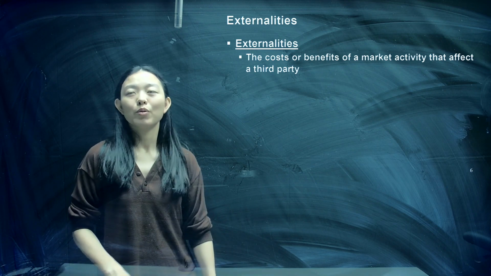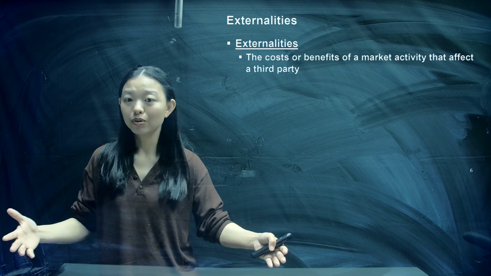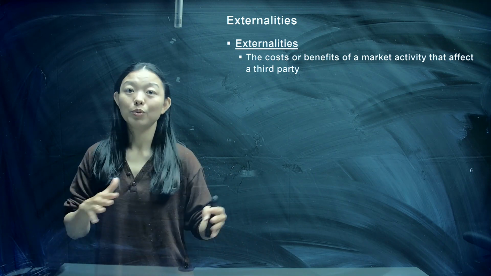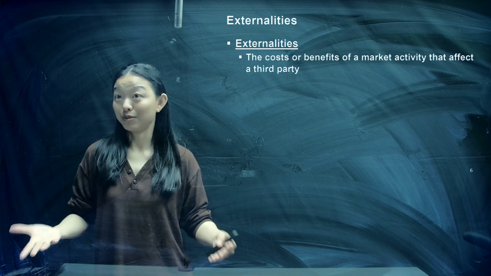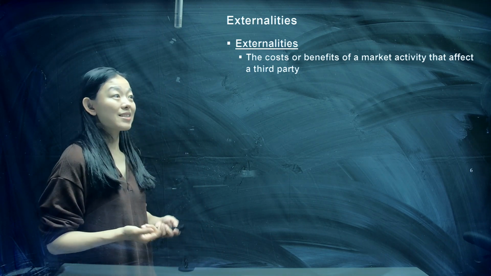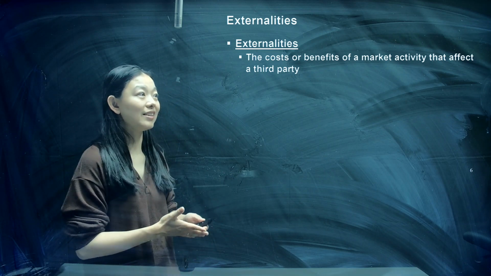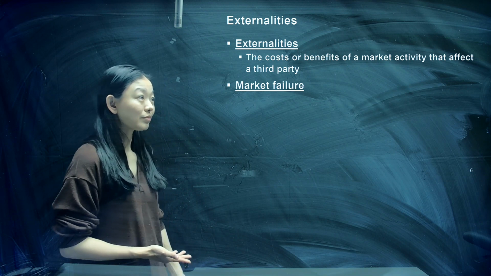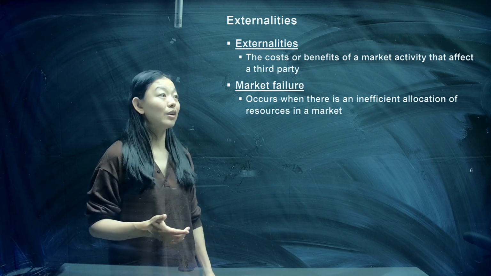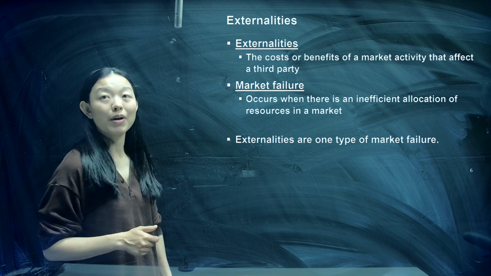And if I take a flu shot, it has a positive externality because the people who work around me or live with me would probably not get the flu if I already got a flu shot. So it could be a cost or a benefit of a market activity that affects a third party. Market failure occurs when there is an inefficient allocation of resources in the market. Externality is one type of market failure.